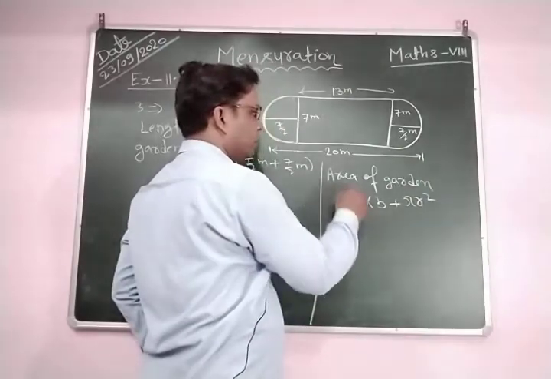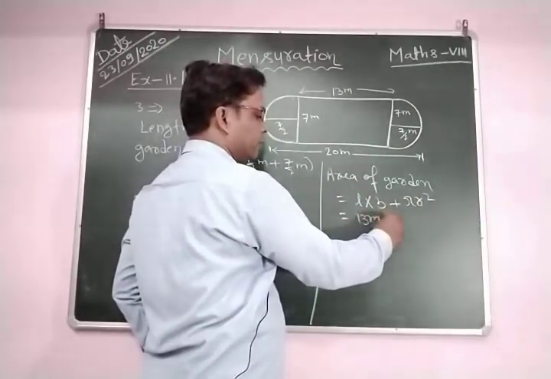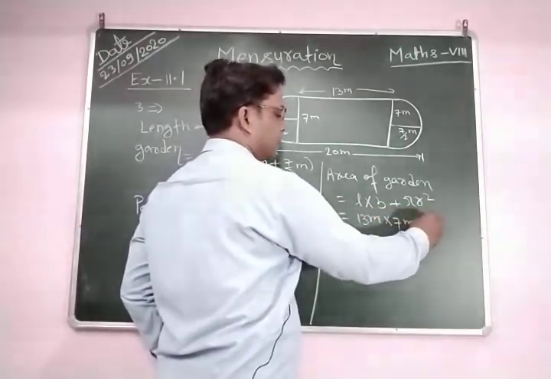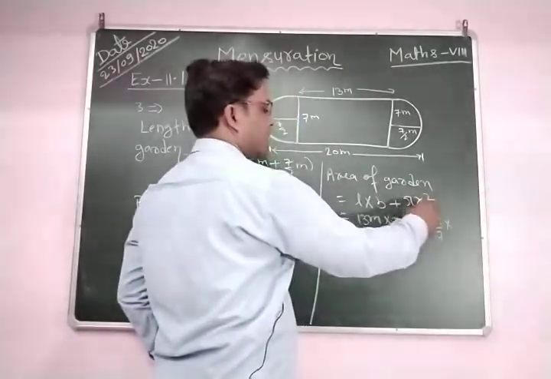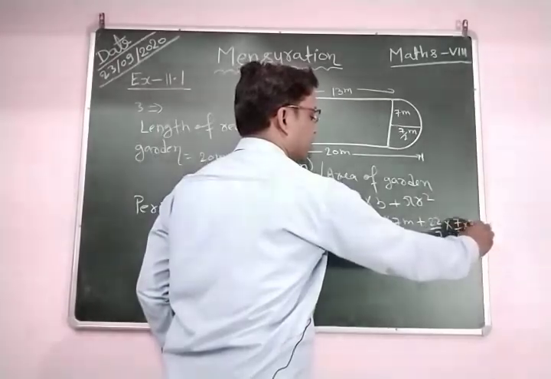So L, the length, is 13 meter, into the breadth 7 meter, which is given, plus pi, the value of pi is 22 by 7, and r is 7 by 2 into 7 by 2.